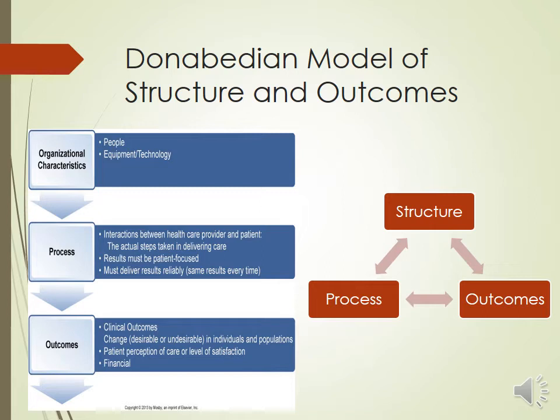And finally, quality is defined through our outcomes, be it clinical outcomes or patient perception of care or their level of satisfaction. One other thing to add to outcomes is financial gain for the organization, be it not-for-profit or for-profit.